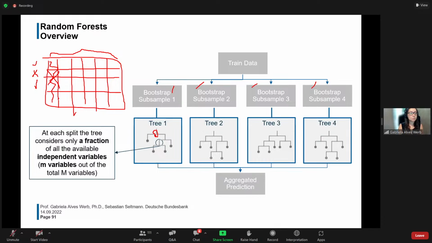Sometimes the tree is only going to see a random subset of these variables, and this one is not included. So I'm giving the tree the chance to start, for example, with this variable here. And the same thing happens at every other split that I have in the tree. So in the end, that leads to trees that are much more different from each other than we originally had before.